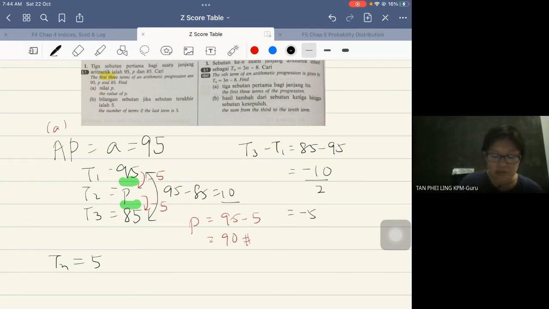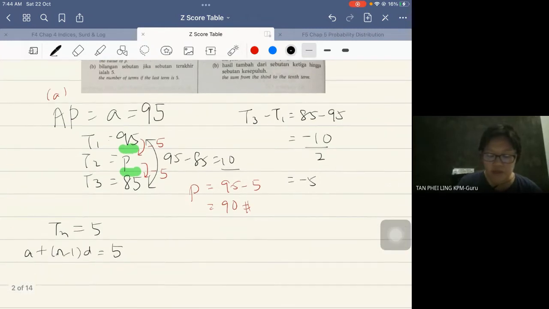Tn is A plus (n minus 1) d, which means the first term plus (n minus 1) times the number that you have to add or minus. So here, A plus (n minus 1) times d equals 5. Here you have A, isn't it?